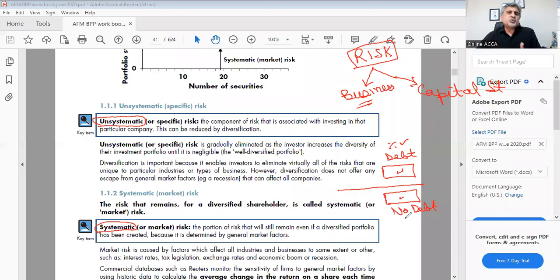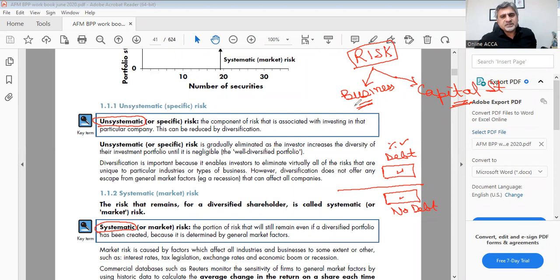And this business has no debt, so even if the sales go down, they don't have to pay any interest. So you can say that their business risk might be same, but the risk because of the capital structure is different.